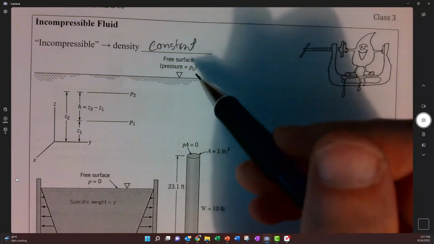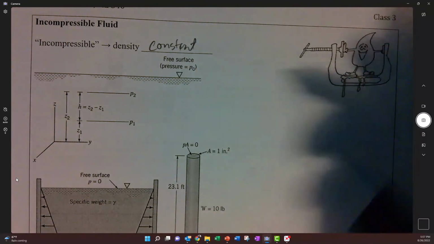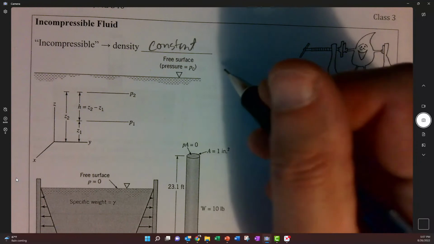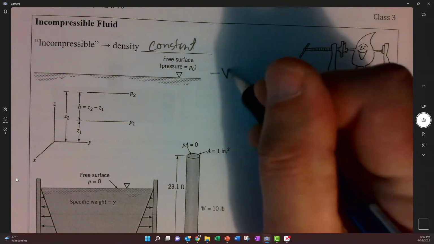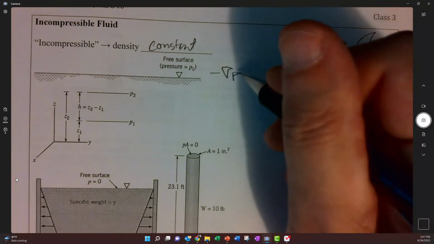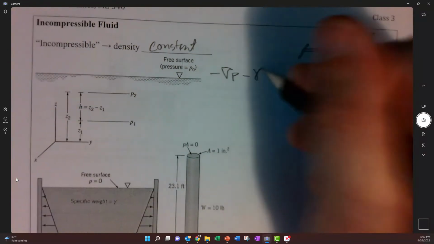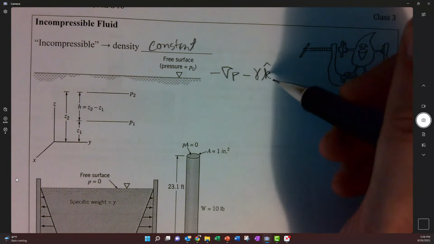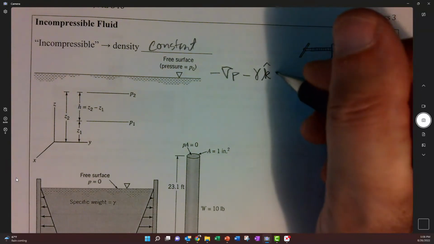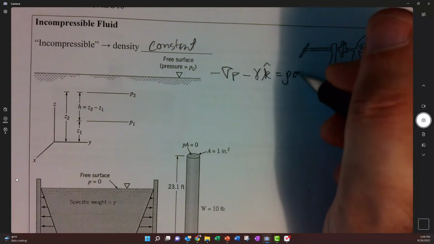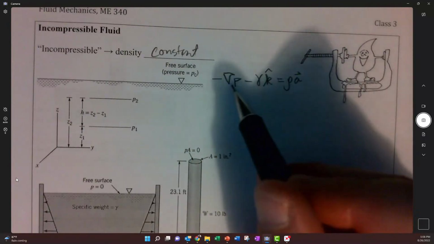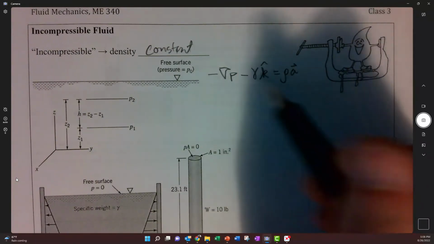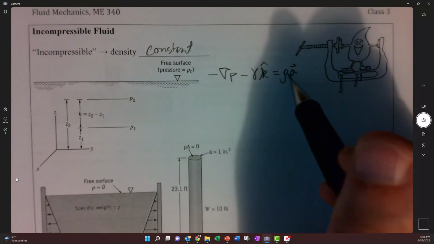So we have constant density, and the general equation that we developed in the last video, we had this right here, where we said the gradient of the pressure minus the specific weight, and that was only affected in the z direction, is going to be equal to rho times A. This is really F equals MA, being treated on a per volume basis. That's why we have density right here.